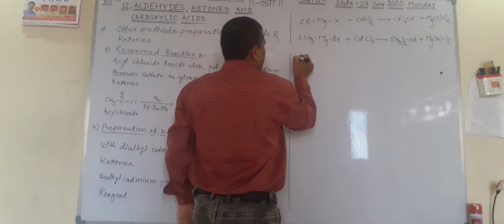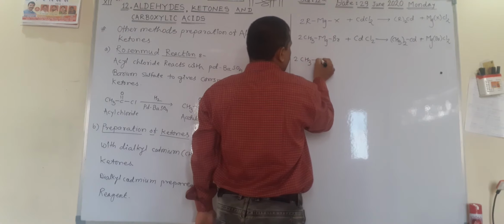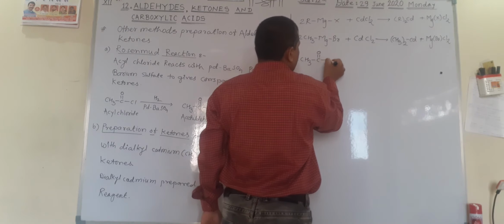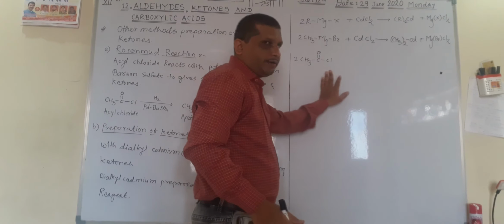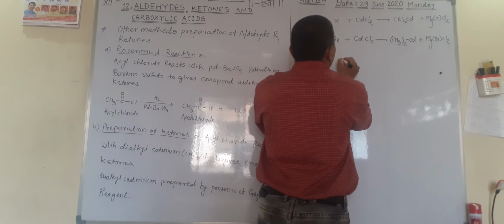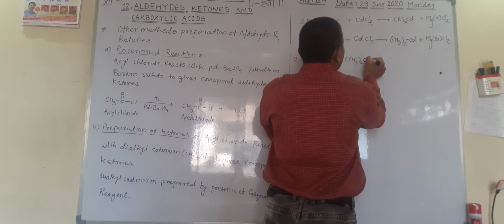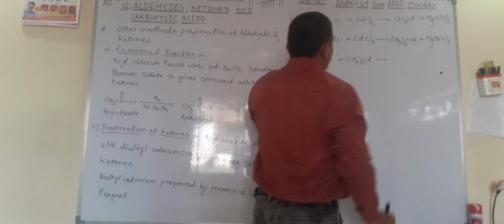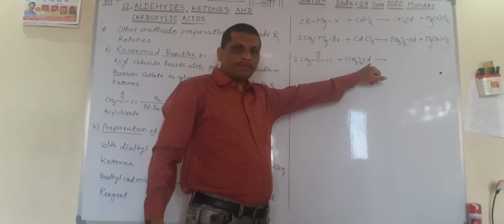For example, we take the acyl chloride, twice CH3 C double bond O Cl, with dimethyl cadmium.